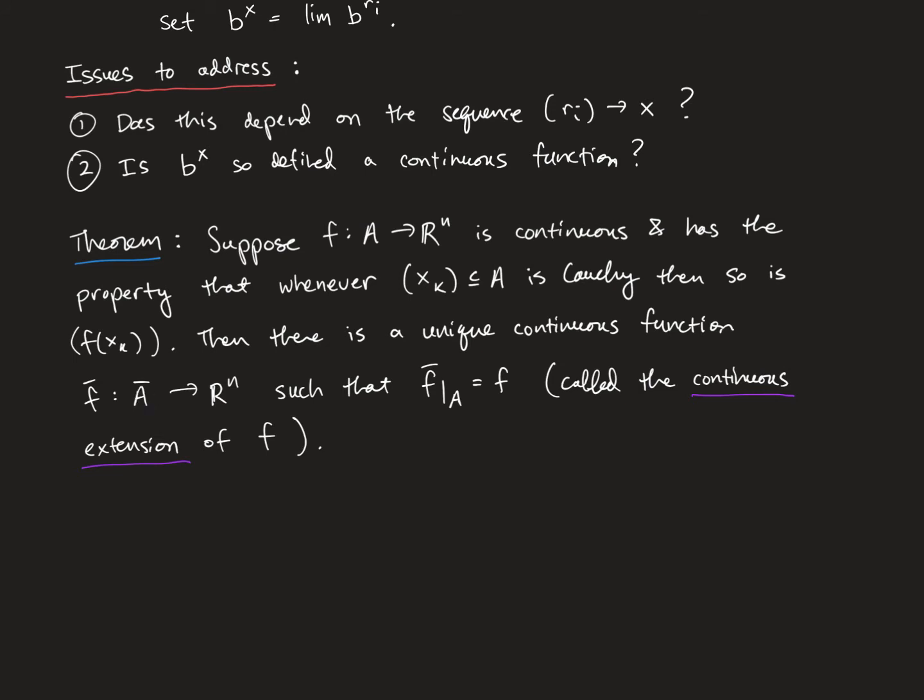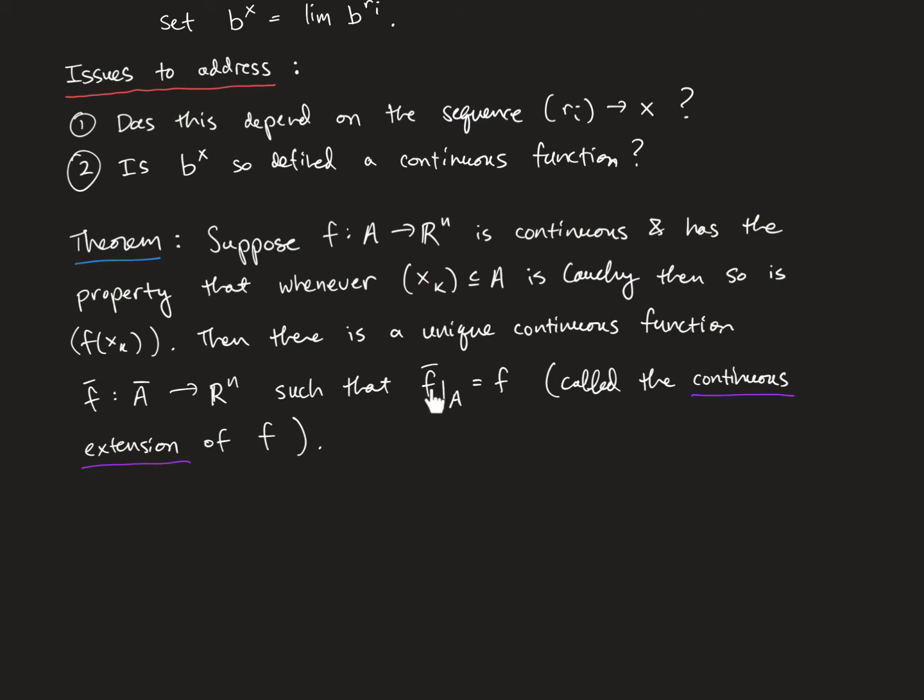So we can extend our function to the closure of A in a natural way. This function on the closure has the property that when we restrict it to A, it's f. So it really is extending our original function, and it's continuous. And there's only one such function, so there's only one way to do this continuous extension.